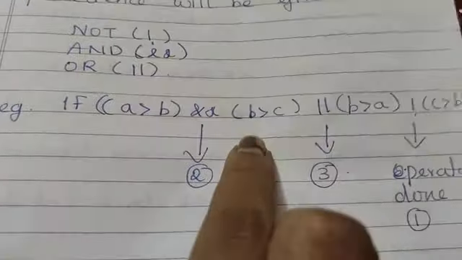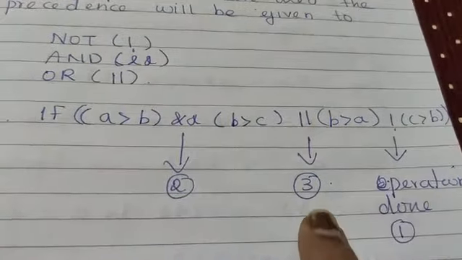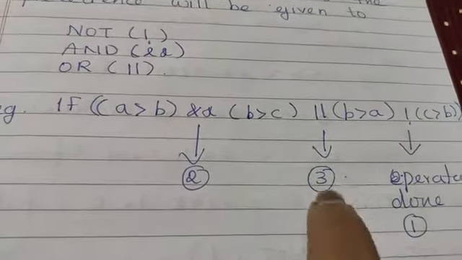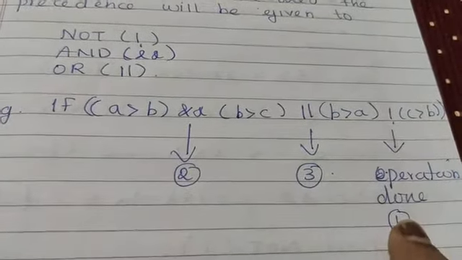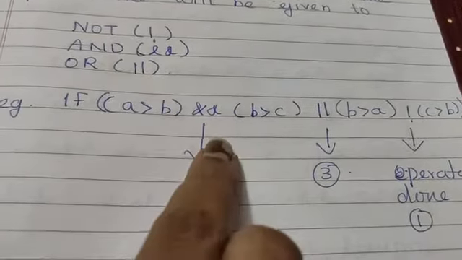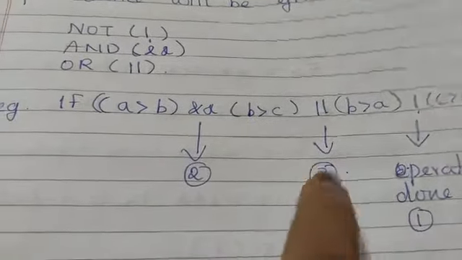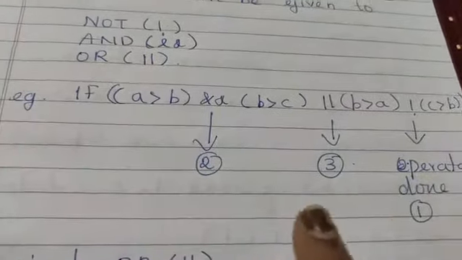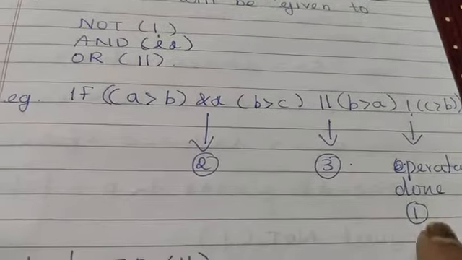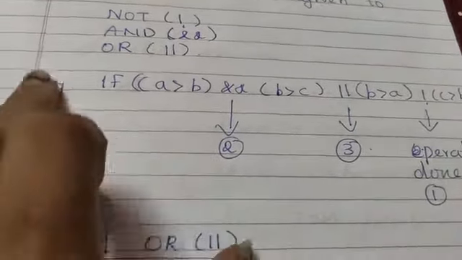Then the AND operation will be done, and then the OR operation will be done. So whenever not is there, first the not will be done, then the AND operation, and then the OR operation. That is the preference in which the operation is going to be performed first. That is called the precedence.